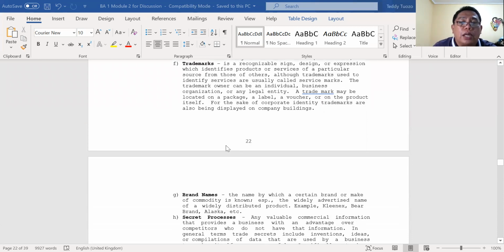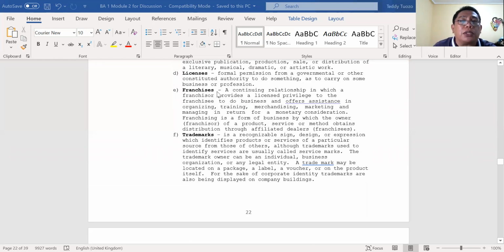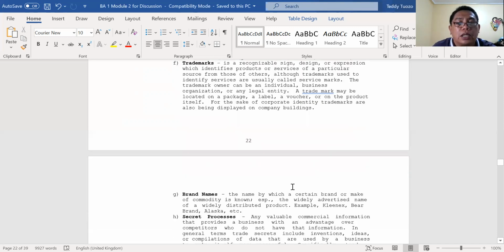Trademark. I think you know examples of trademarks. It's a recognizable sign, design, or expression which identifies products or services of a particular source from those of others. A trademark may be located on a package, a label, a voucher, etc.